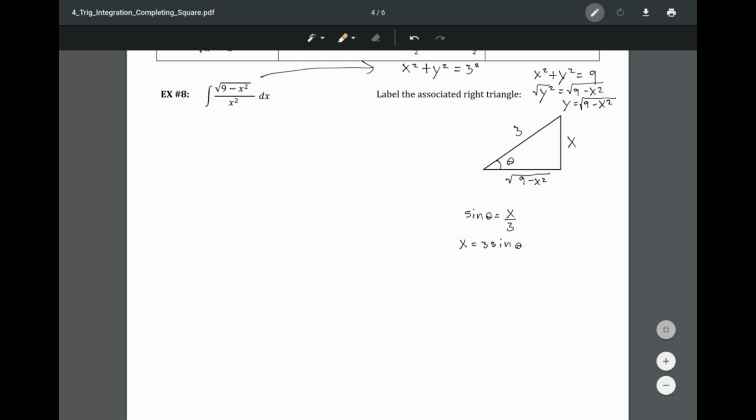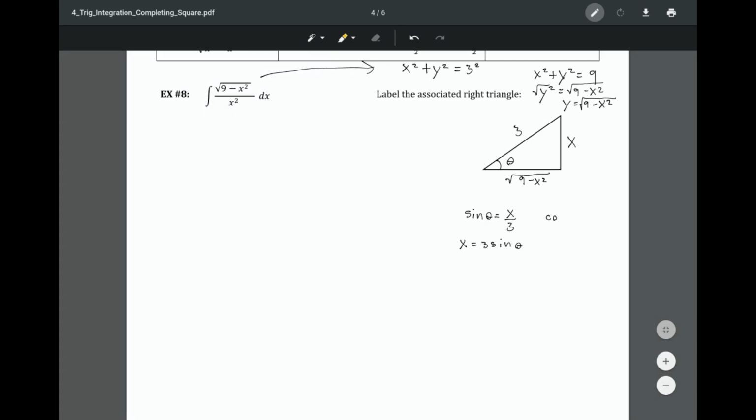Okay? At the same time, now I can replace the x's. Now, I can go ahead and plug all that in, but I do have the square root of 9 minus x squared just hanging around there, and I can find a way to substitute the whole thing with one trigonometric function. So now I'm going to use the cosine.